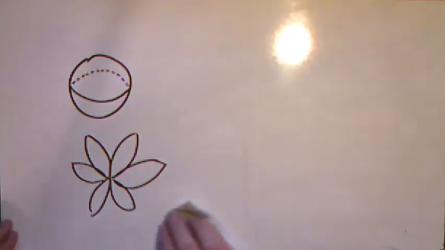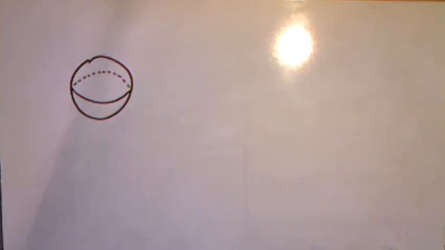Now, when you think of a sphere, you think of a circle. Because if you look at a sphere from any side, in a two-dimensional kind of view, it looks like a circle. So we're actually using different properties of circles in order to find our surface area as well as volume of a sphere.